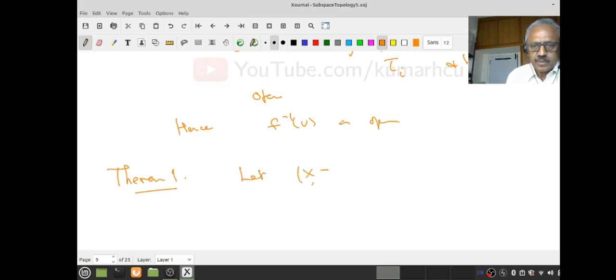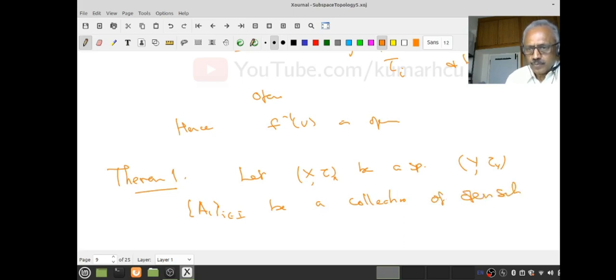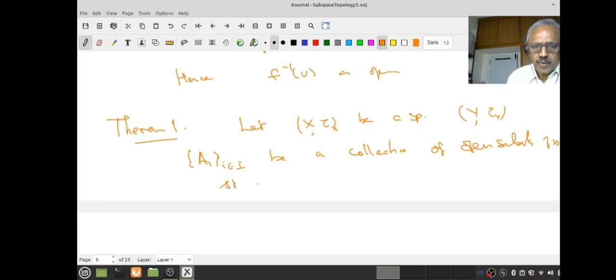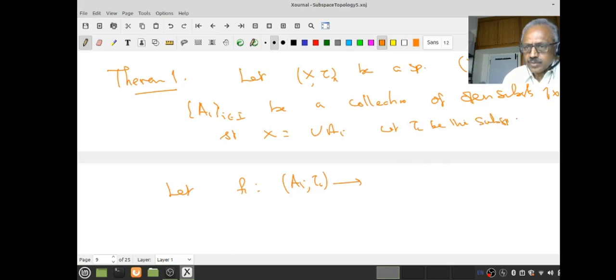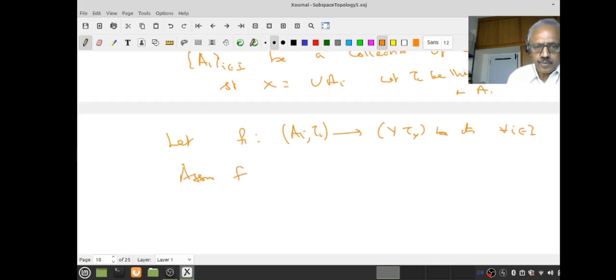Let (X, tau_x) be a space, and similarly (Y, tau_y), and let A_i, i in I, be a collection of open sets of X such that X equals the union of the A_i. Let f_i from A_i, with the subspace topology tau_i, to (Y, tau_y) be continuous for all i in I. Assume further f_i(x) equals f_j(x) for all x in A_i intersection A_j.